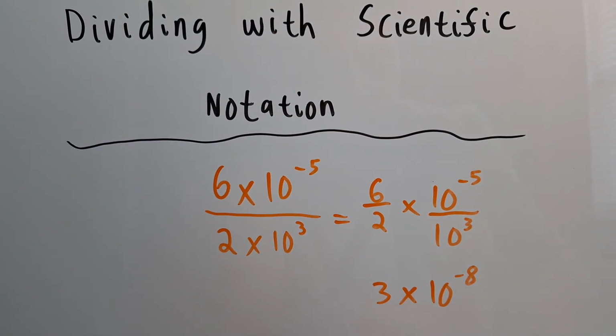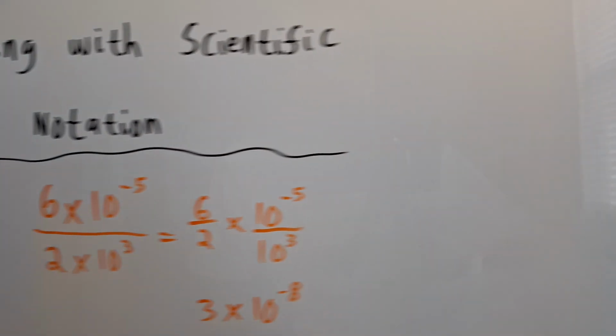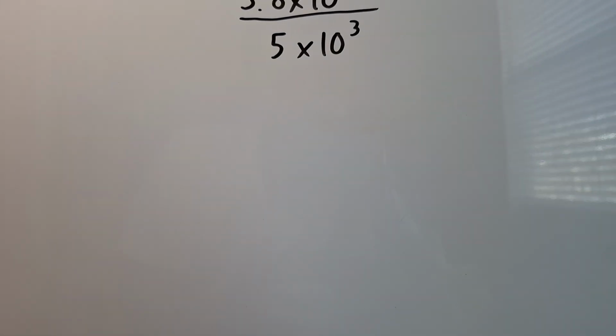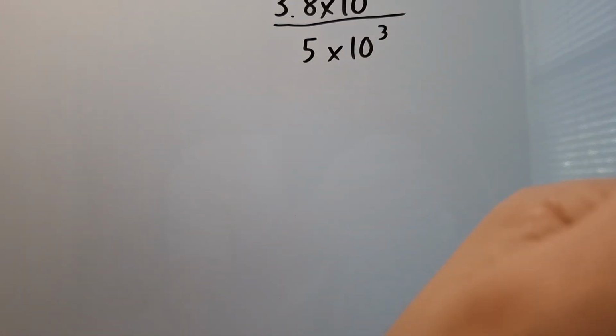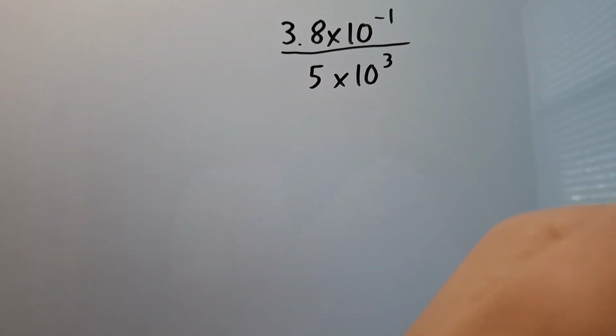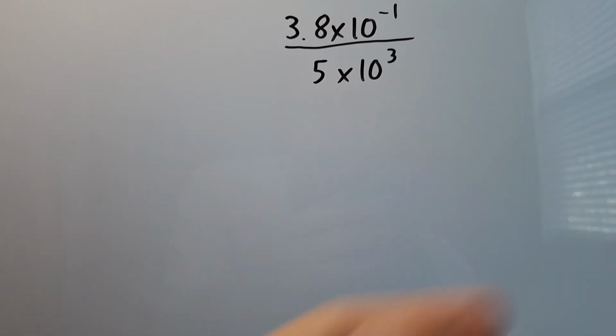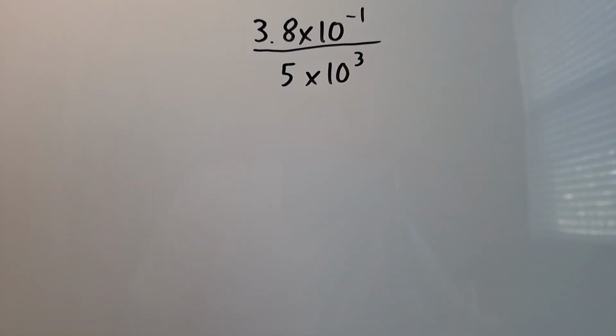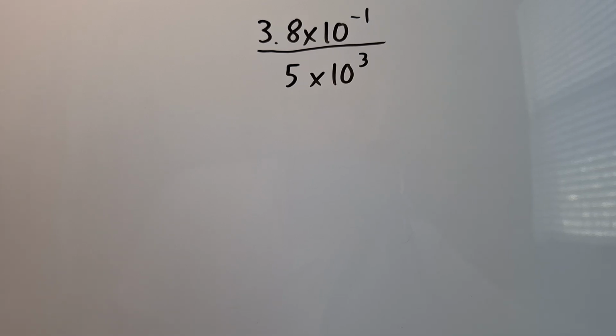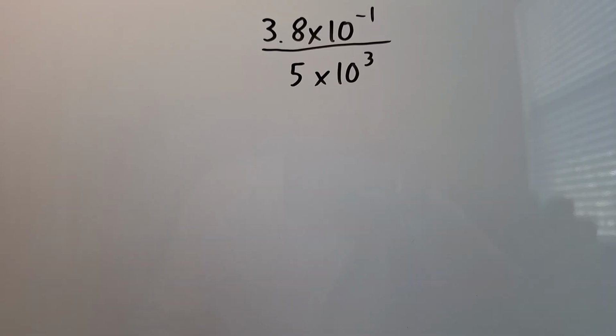So let's take a look at a few examples where we have to make a few changes to our final answer to get a number in between 1 and 10. So we'll start with this one. 3.8 times 10 to the power of -1 divided by 5 times 10 to the power of 3.